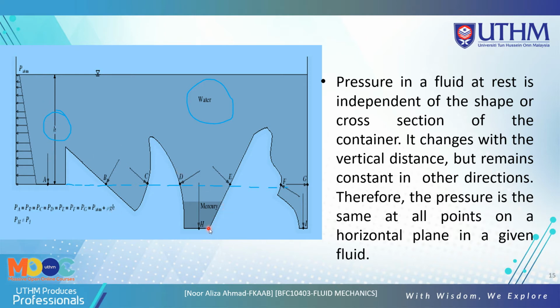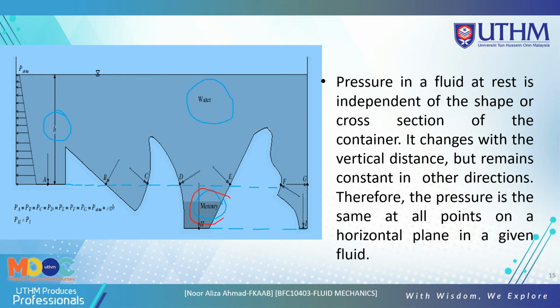But when we look at H and I, it's not the same pressure because of the different fluid. With the same height, H includes both mercury and water.